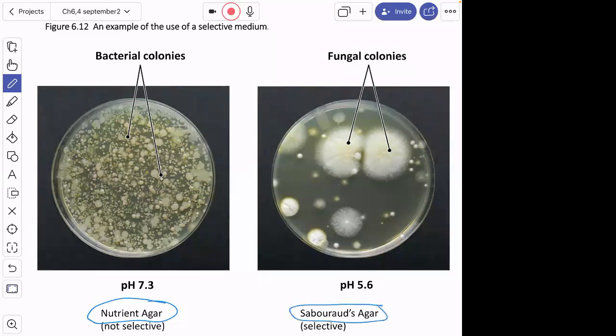Sabouraud's agar is a selective media, and it has the same constitution as nutrient agar, with one big difference: it's pH'd a little differently. We've got a lower pH. With that acidic pH, many bacteria that would normally be in soil are not able to grow.